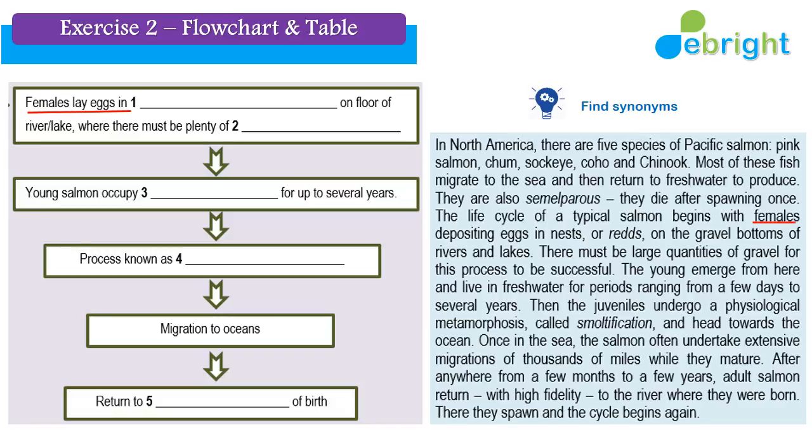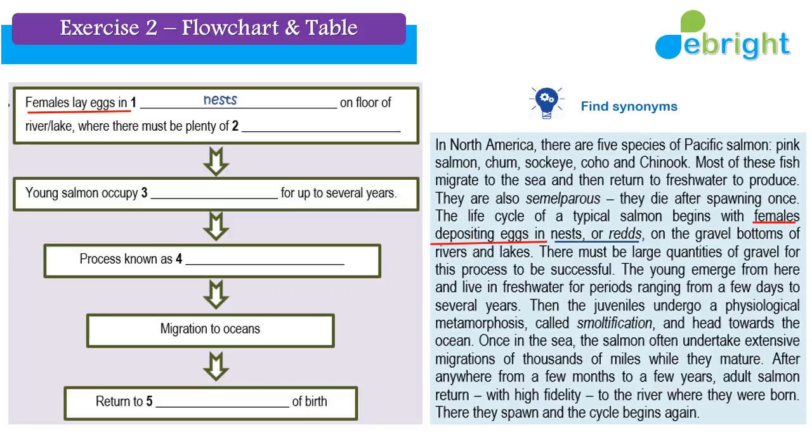You've got females over there in line 5. You've got depositing eggs, which is similar to lay eggs, in also. So the correct answer is nest or nests. But as the instruction says, you need to write only one word. So the correct answer is nests.